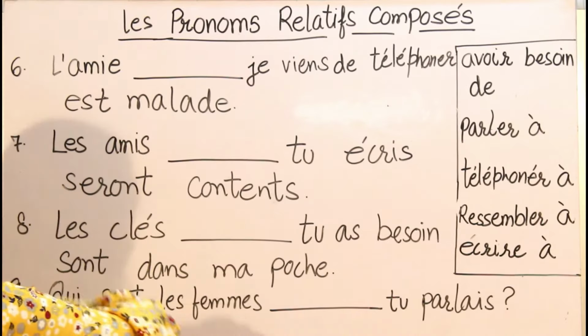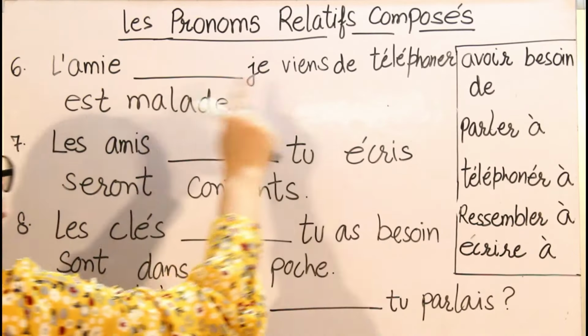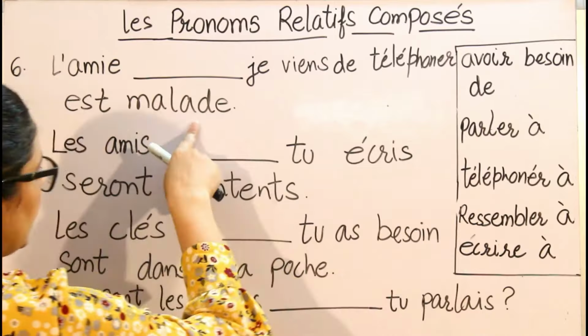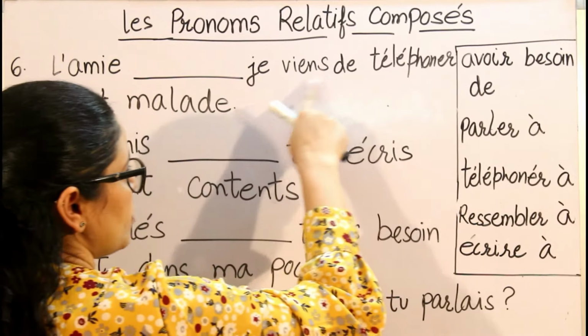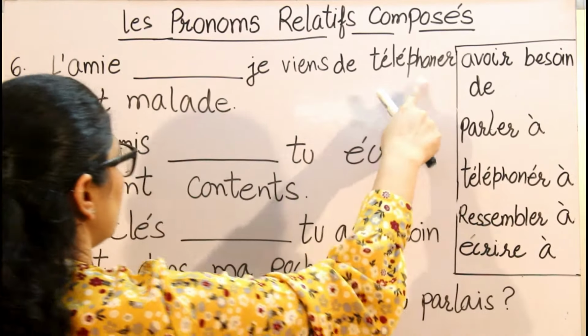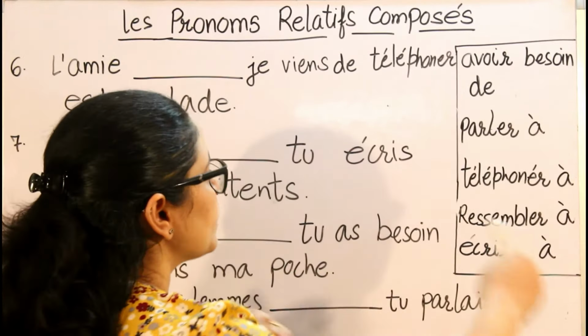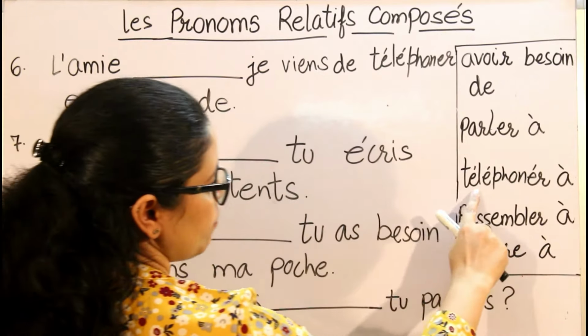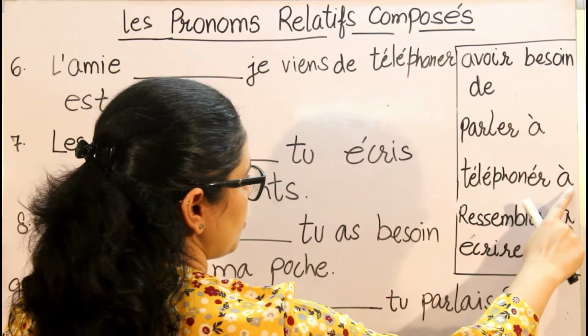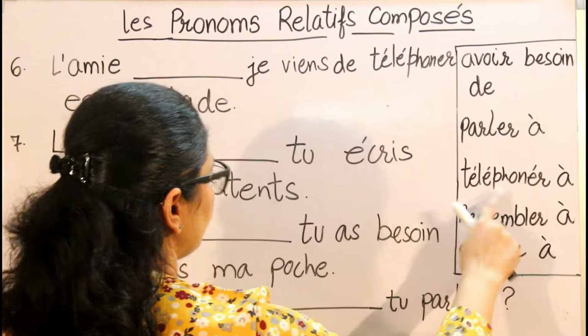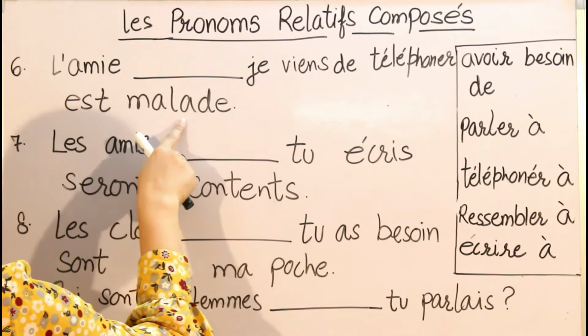Now let's take the first statement. L'ami ___ je viens de téléphoner est malade. The friend I just called to. Téléphoner à quelqu'un. We always say téléphoner à. So here I have written téléphoner à. This preposition is always used with the verb téléphoner. Est malade, is ill.